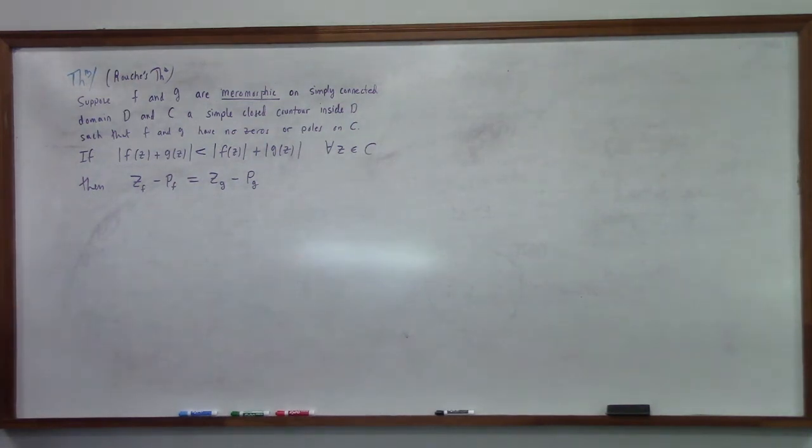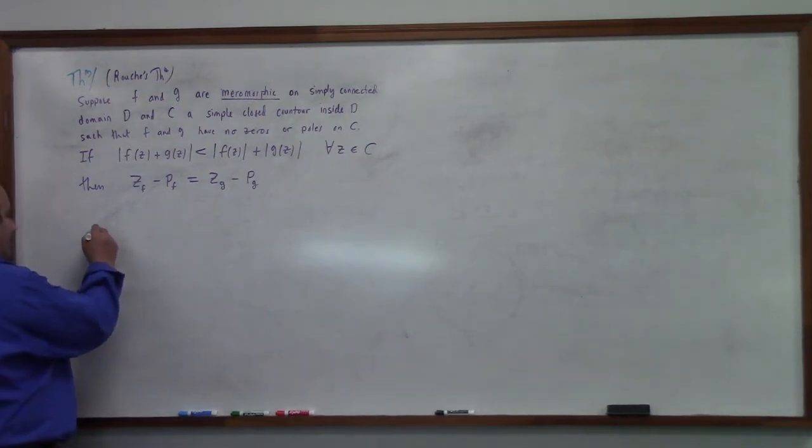Anyway, meromorphic though. On Monday, we didn't say meromorphic, we said analytic. We said F and G were analytic, and I don't even know if we said there were no zeros. Let D be a bounded domain with piecewise smooth boundary.